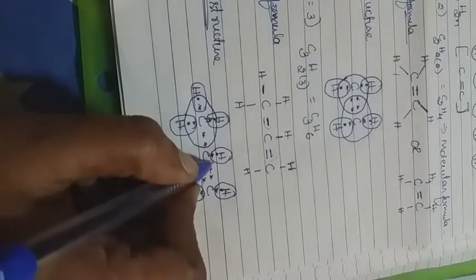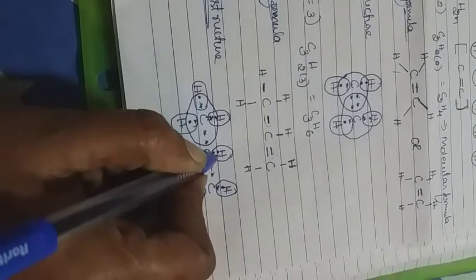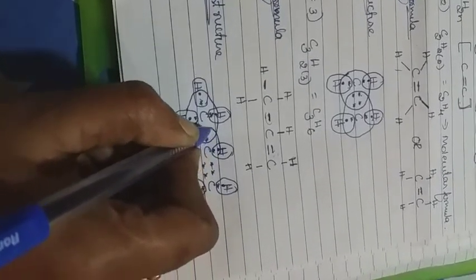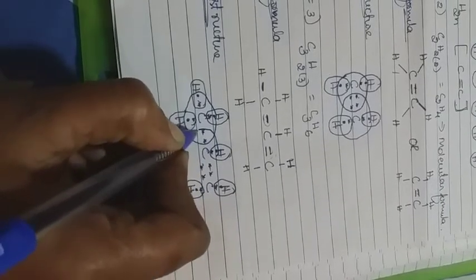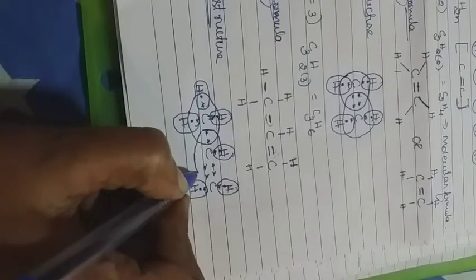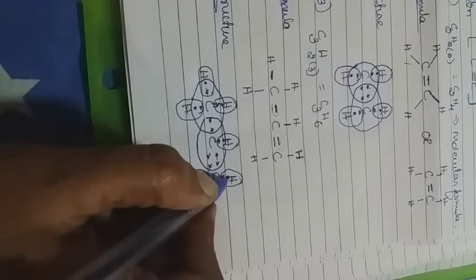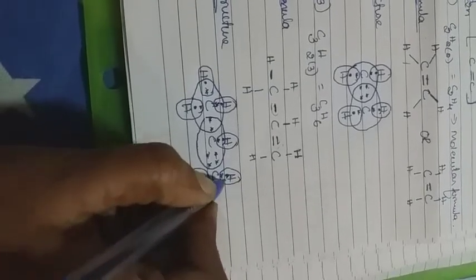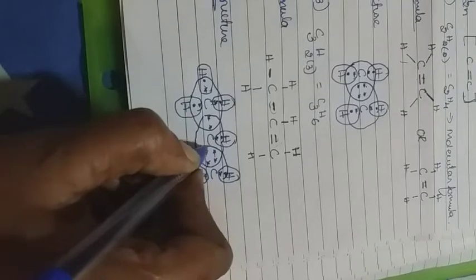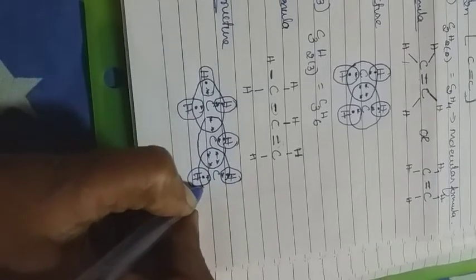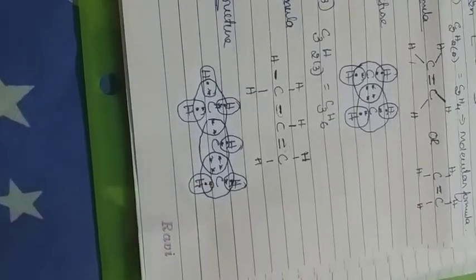And this carbon is paired with only 1 hydrogen, and here 2 carbon electrons and here 4 carbon electrons, like that. And this carbon is paired with 2 hydrogen electrons and 4 carbon electrons, like that.